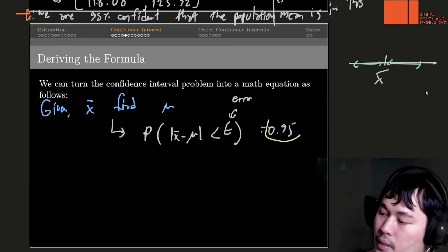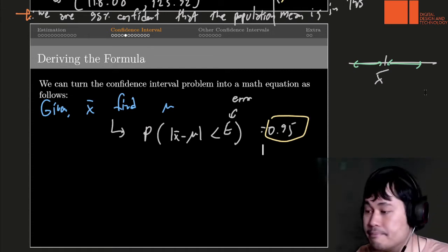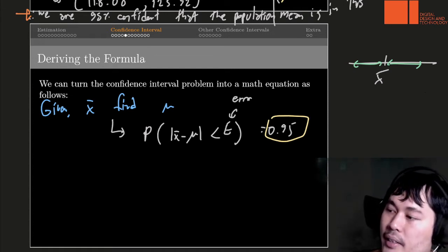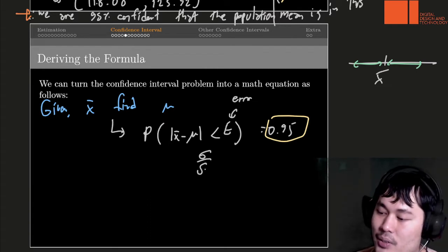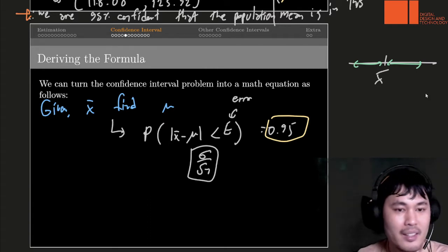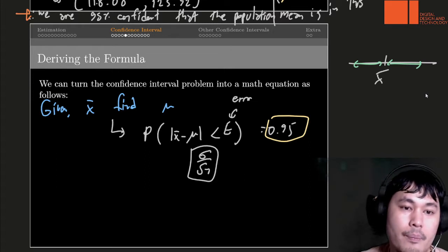That's where the 95% came from. There are also other explanations behind why we need to use sigma over square root of n, which you can read from the slides.